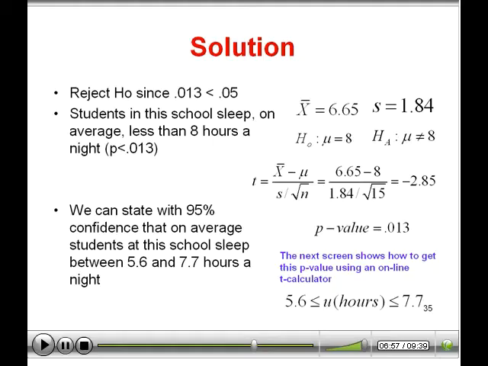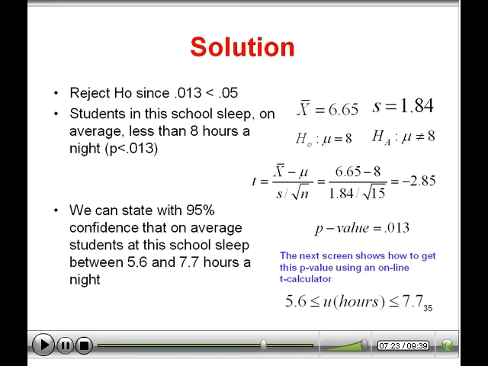A two-sided alternative seems appropriate here, since there is nothing in the statement of the problem that would lead us to believe that her claim was either too high or too low. Next, we substitute into the now familiar formula for t and find the test statistic is a negative 2.85.